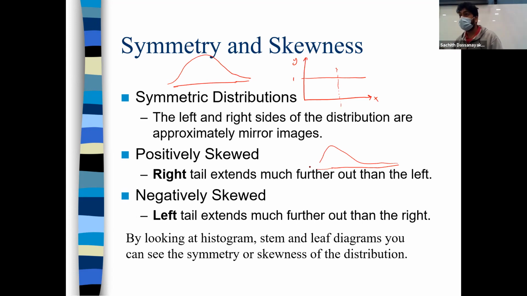If the tail is on the right hand side, we call it right skewed. So right skewed, we can also say positively skewed. You can use both words, either positive or right skewed.